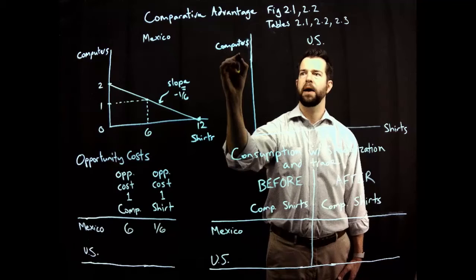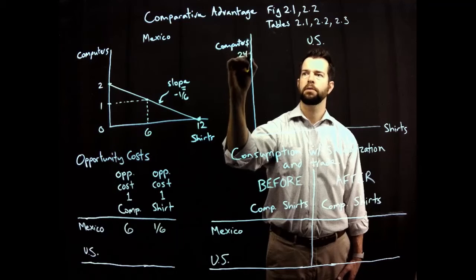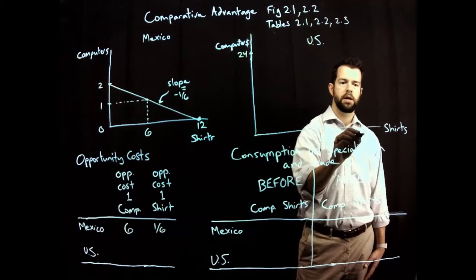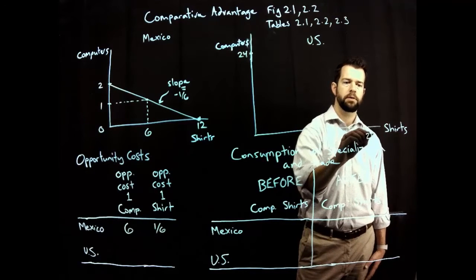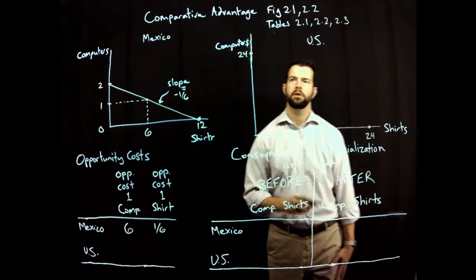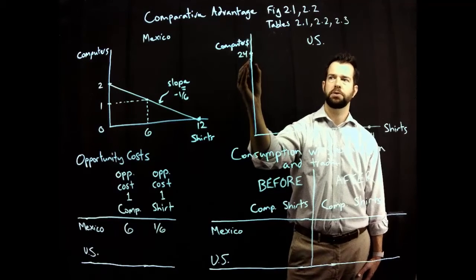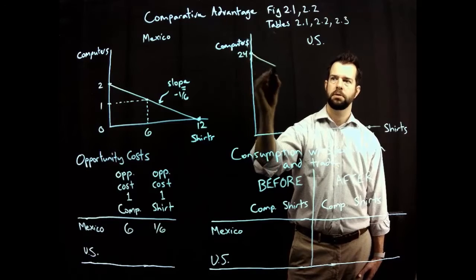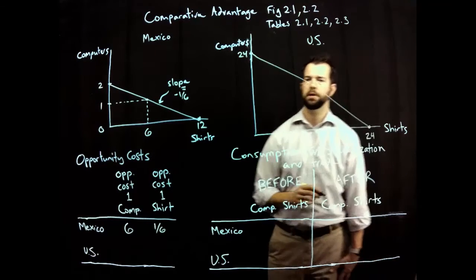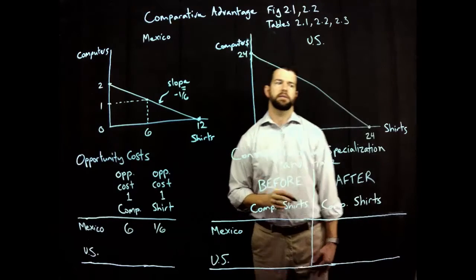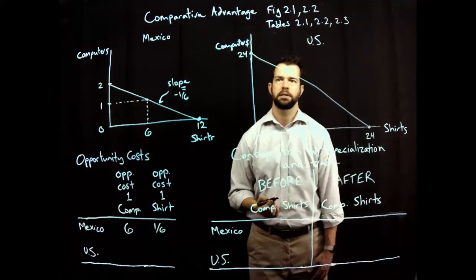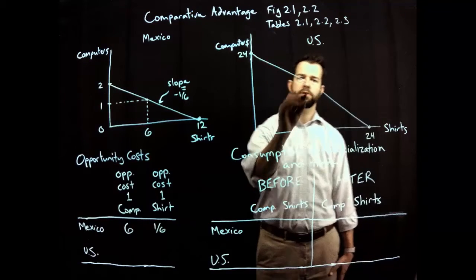They can produce a maximum of 24 computers if they devote all the resources to computers, or 24 shirts if they devote all their resources to shirts. If you connect these two maximums, you get the straight line for the production possibilities frontier. And they decide to consume an even split of 12 computers and 12 shirts.